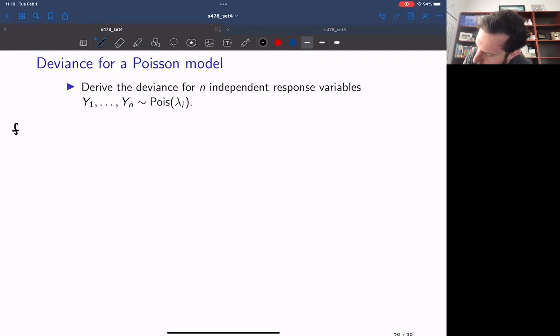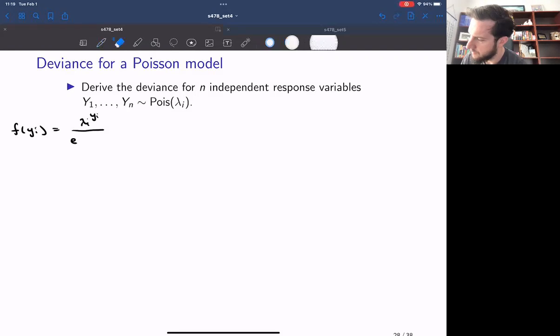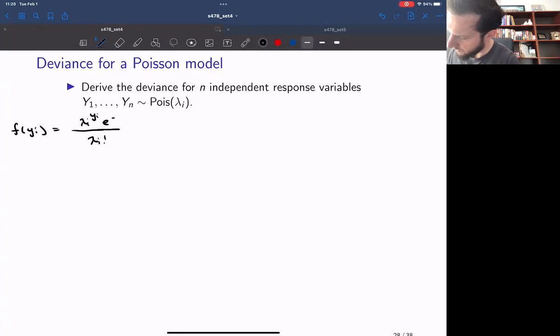We're going to have f of yi is equal to lambda i to the yi, e to the negative lambda i, over yi factorial.